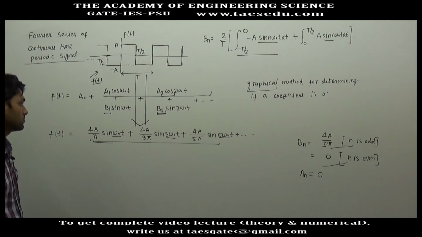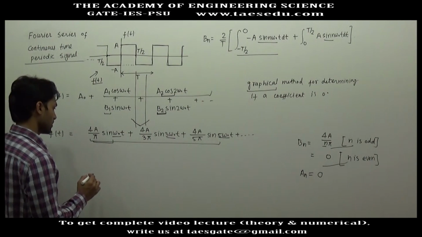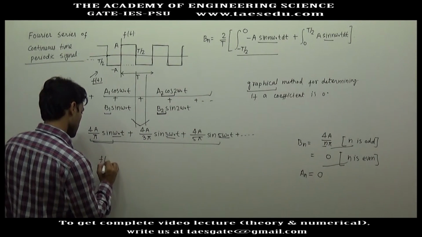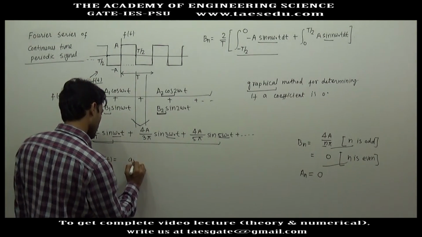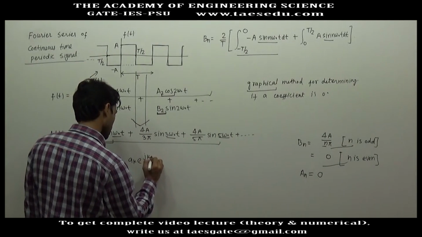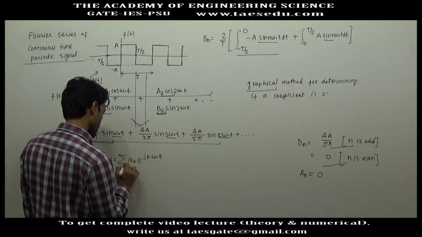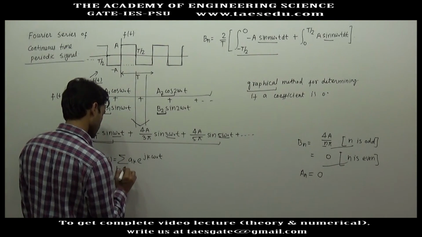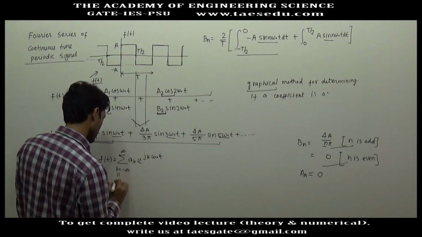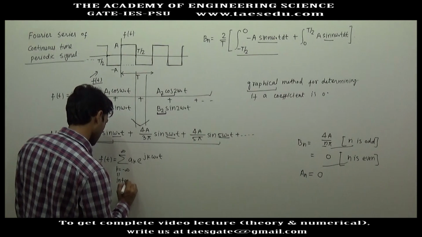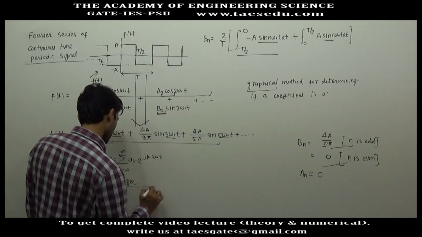There is another form. In that form ft can be represented as ak into e to power jk omega naught t, with k from minus infinity to plus infinity, and k is an integer, not any value. This is another form.